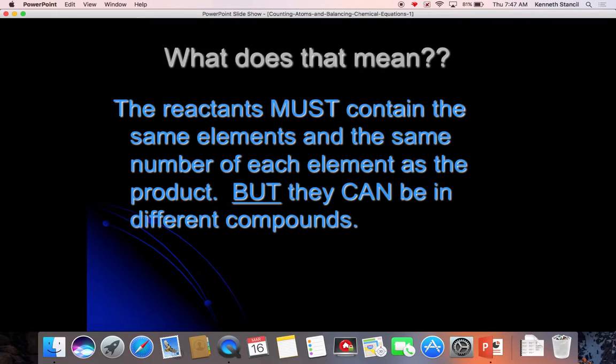You can't create a new element out of elements. Those are compounds. So if you start with oxygen and hydrogen with water, what's the only two things you can finish with? Oxygen and hydrogen. That's it. Nothing else can be a product.